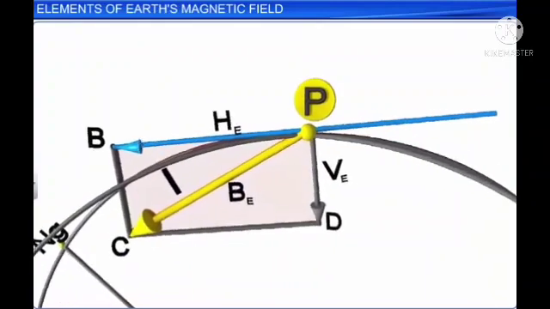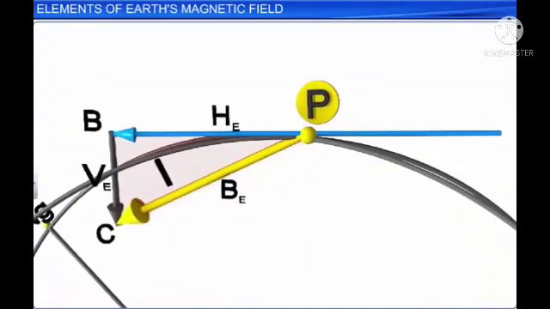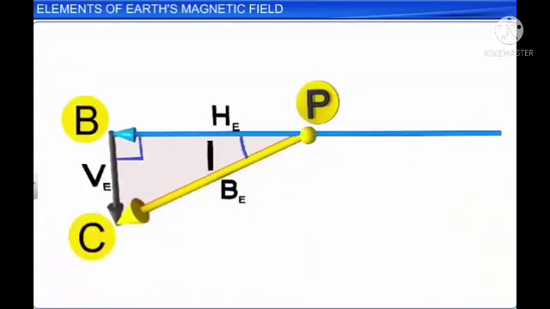Draw a horizontal line PB with the arrowhead at B. The length of this line, to some scale, represents the magnitude of HE. Draw a line PC making an angle I with PB. Draw a line BC perpendicular to the line PB with an arrowhead at C.